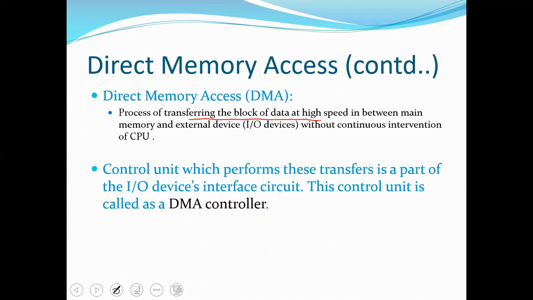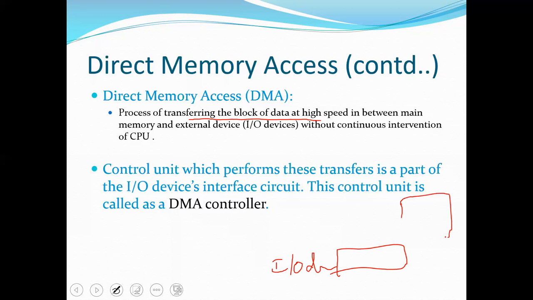It can be from memory to the external device, called a read operation, or from an external device to the memory, so you're writing to the memory. That is a write operation.